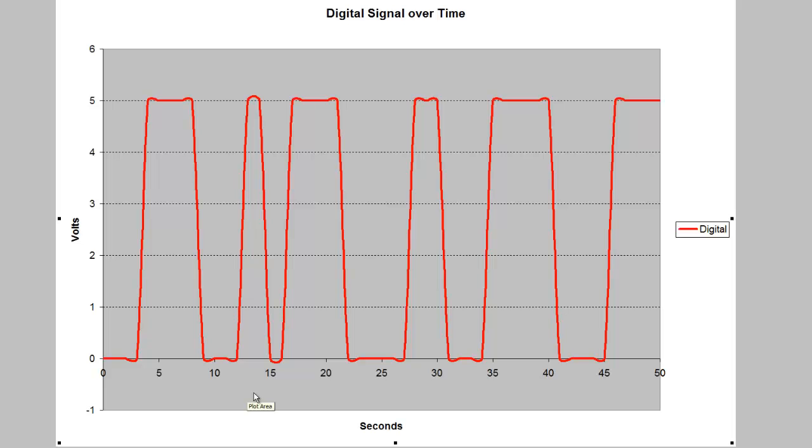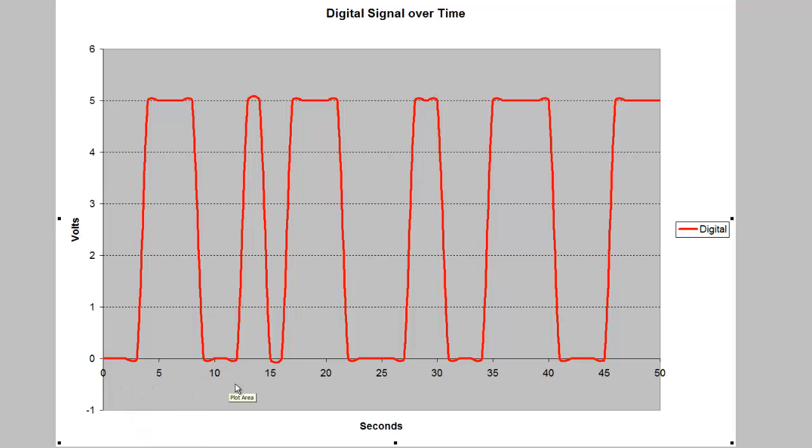Now this is an example of a digital signal that we have. In looking at this signal over time, you can see that it varies, starting down here at 0 volts and will go up to 5 volts. And you can measure for how long it is on for by looking at the time between here and here. You can also measure the off time, how long it is at 0 volts.